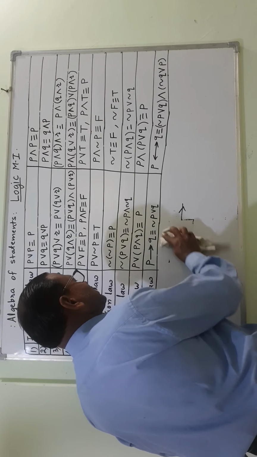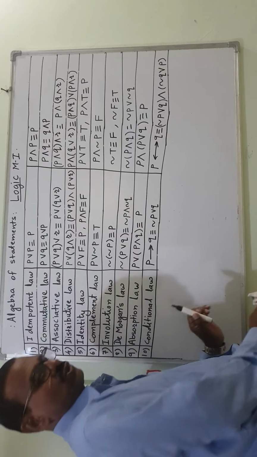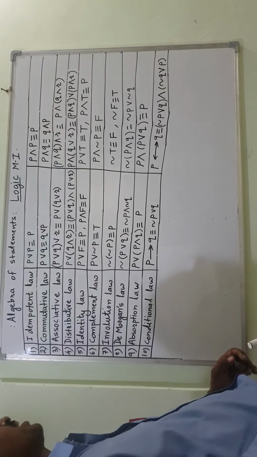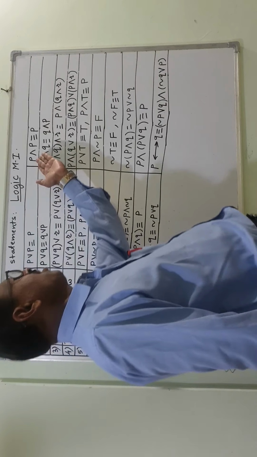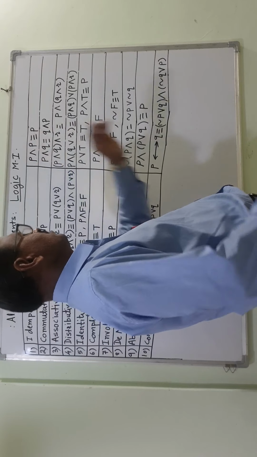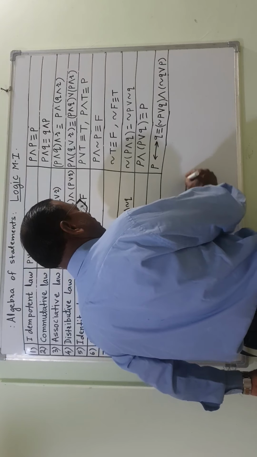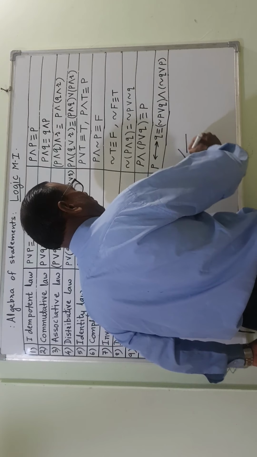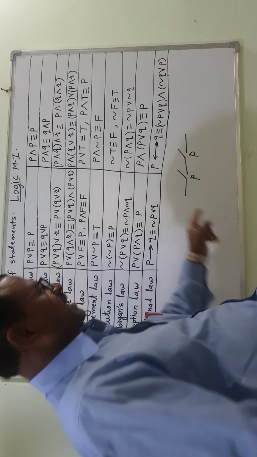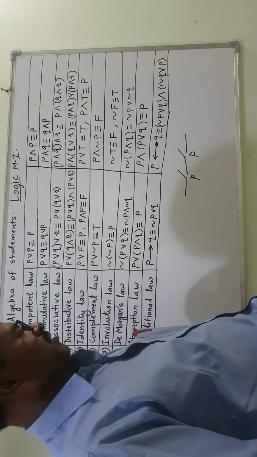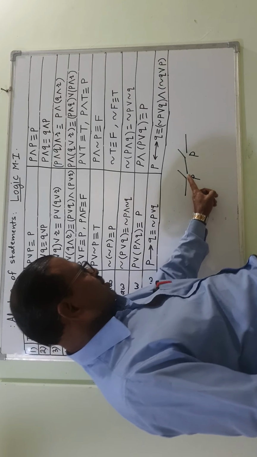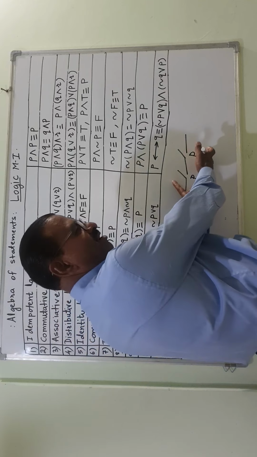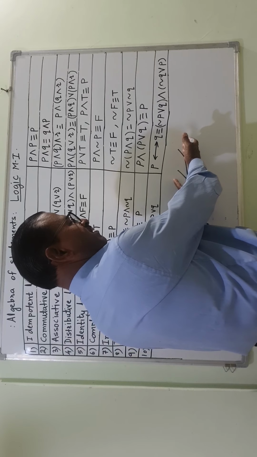Try to analyze these statements on the basis of the circuits only, then you will understand it. Otherwise, P and P means series, they have written P and P. Means here these two switches are in series. What would be the effect? If this is off, this is not a different switch, this is also off.